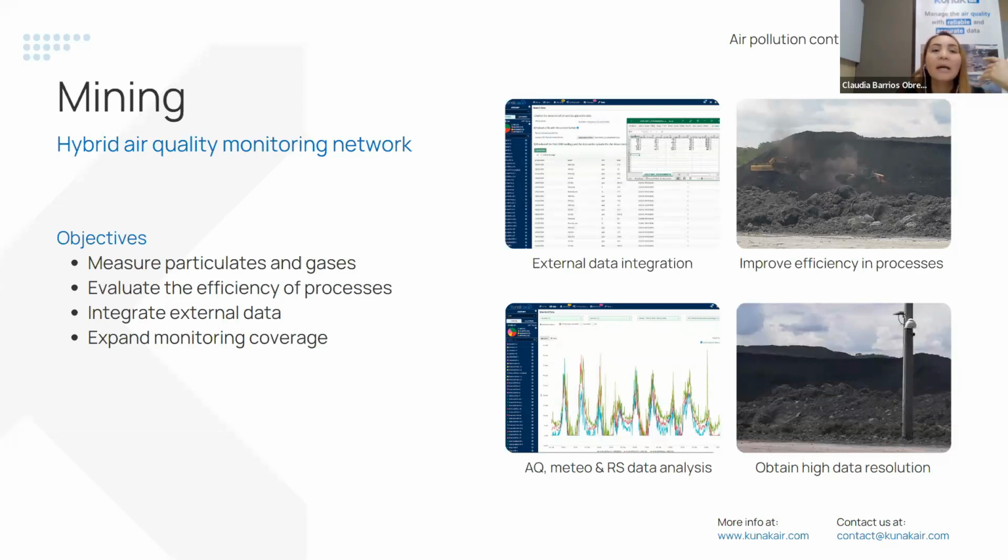As a result, the mine was able to have into one cloud platform the air quality, meteorological, and reference data. They improved the efficiency in their processes because they have a material loading and unloading system already in place. And this is because they wanted to reduce pollution.